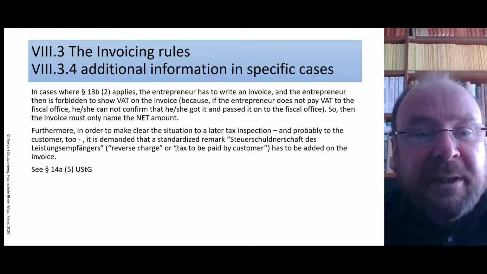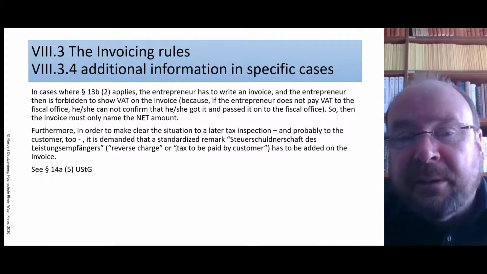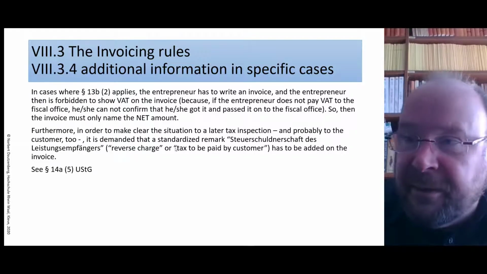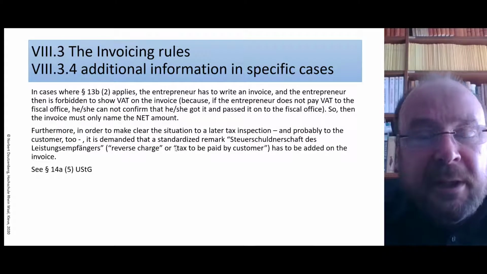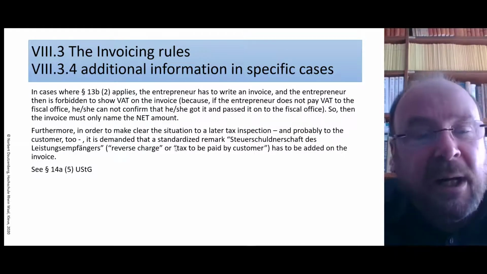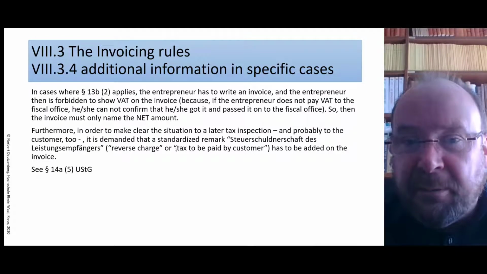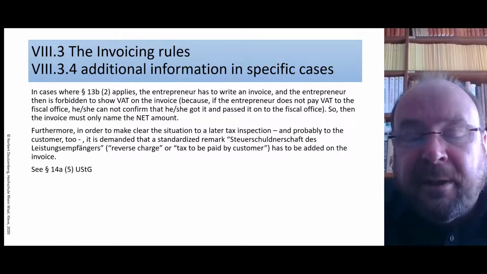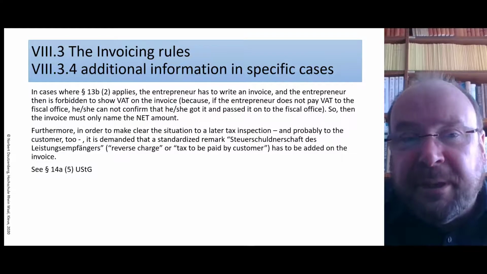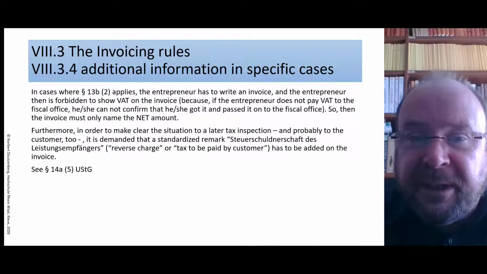But the idea behind it is otherwise confusion would come up. Customer probably thinks the guy has forgotten to confirm the VAT, this invoice is worthless, I protest and send it back, don't pay it, or ask, what the hell did you think about VAT obligations? And so if there is that remark on the invoice, your customer can directly understand why you renounced on confirmation of VAT.